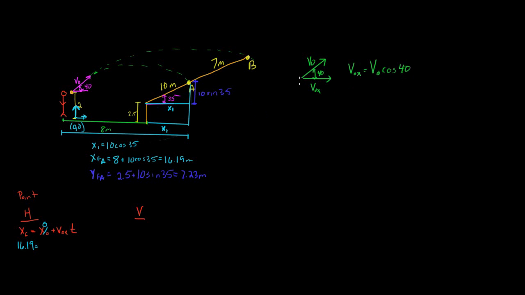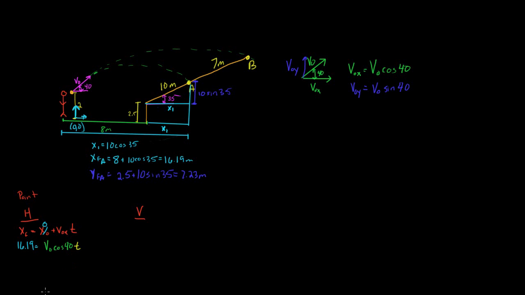And our v naught y is coming up here. So our v naught y is going to be equal to v naught times the sine of 40, and we'll need that later. Our v naught x is equal to v naught times cosine of 40, so we can substitute that into this equation, multiplied by some t value, which is unknown.